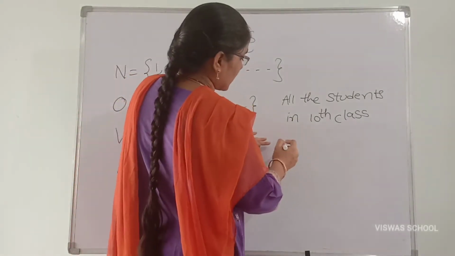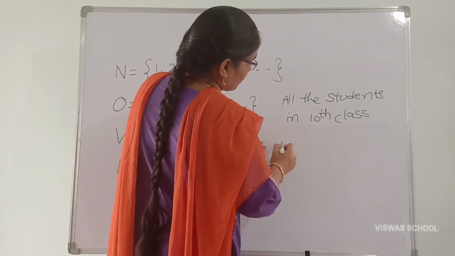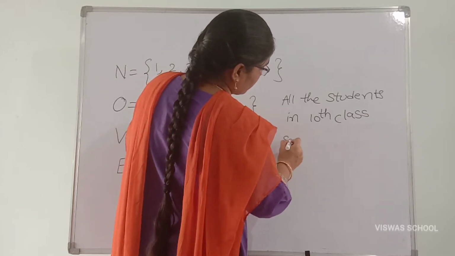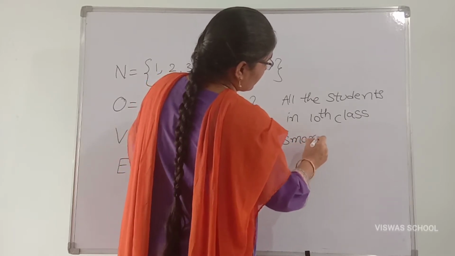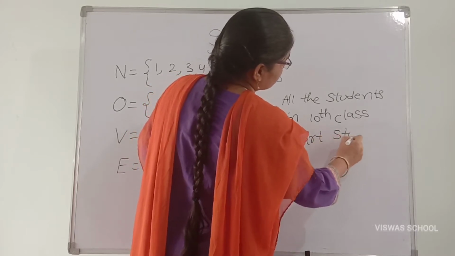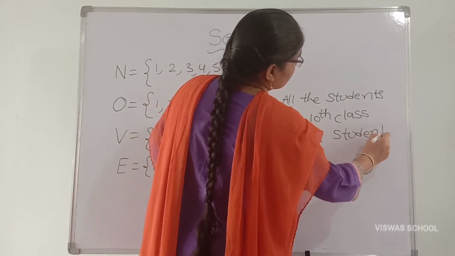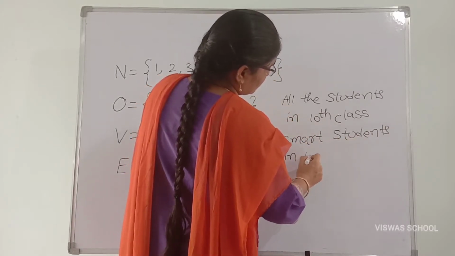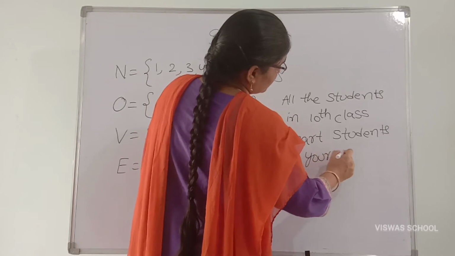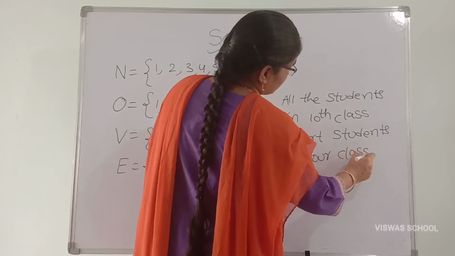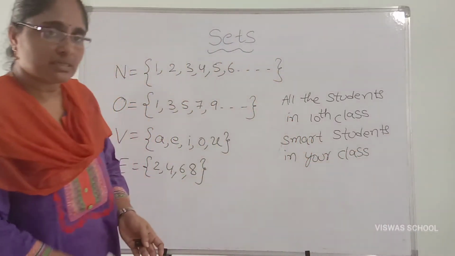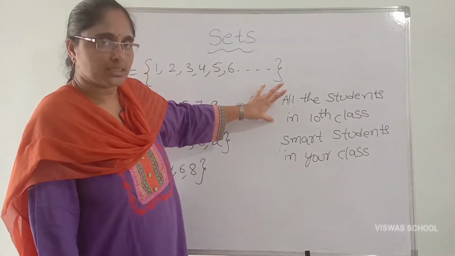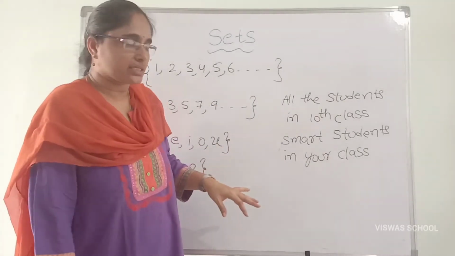And for example, here I am writing: smart students in your class. Out of these two, all the students in the 10th class, that is in your 10th class here.